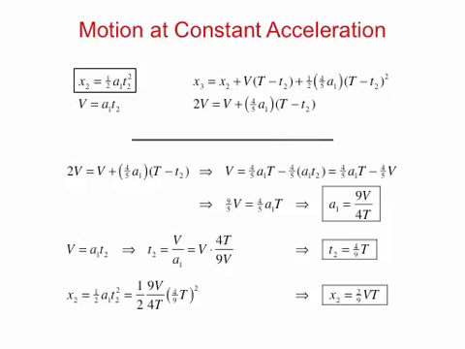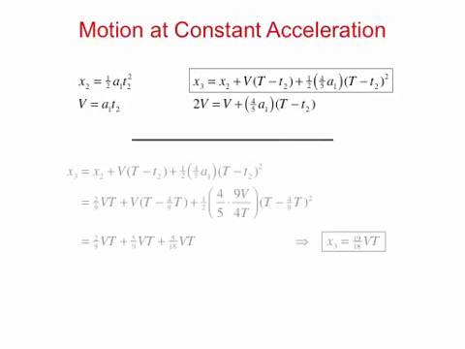After simplifying, we find that x2 is equal to 2/9 times vt. Finally, we get x3 by substituting our answers for a1, t2, and x2 into the last remaining equation. After a little simplification, we find that x3 is equal to 19/18 times vt.